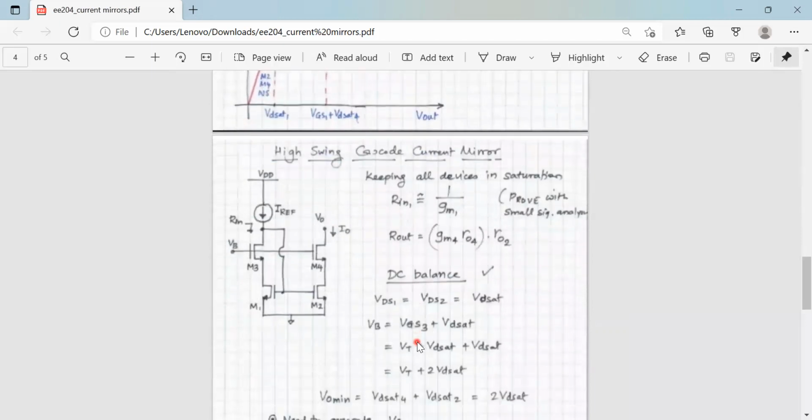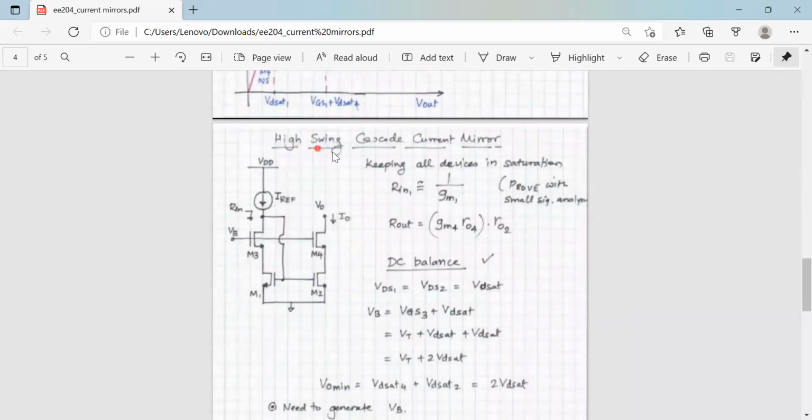A second type of current mirror is known as the high swing cascode current mirror, in which only the down part is connected from here to here, and these two MOSFETs are biased through VB.